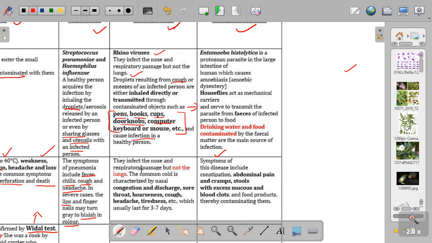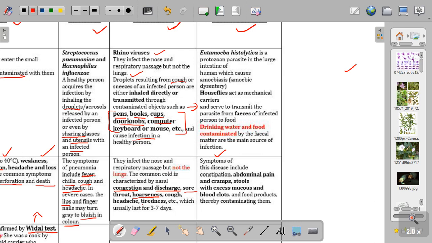The common cold is characterized by congestion, a feeling of suffocation as the nose gets blocked, a runny nose where mucus continuously runs out, sore throat, pain in the throat, hoarseness, as if something got stuck in the throat, cough, headache, and sometimes feeling very tired.